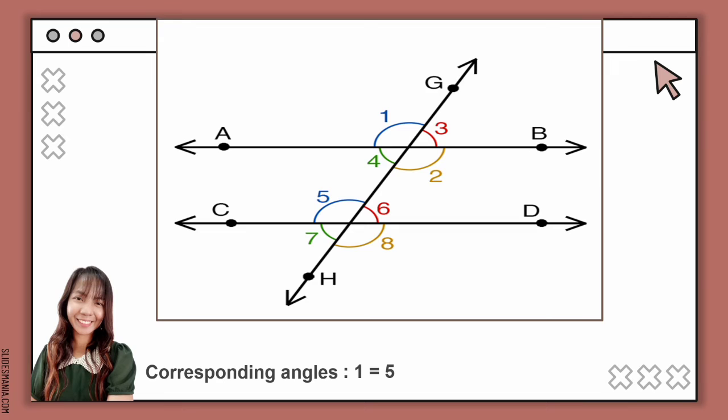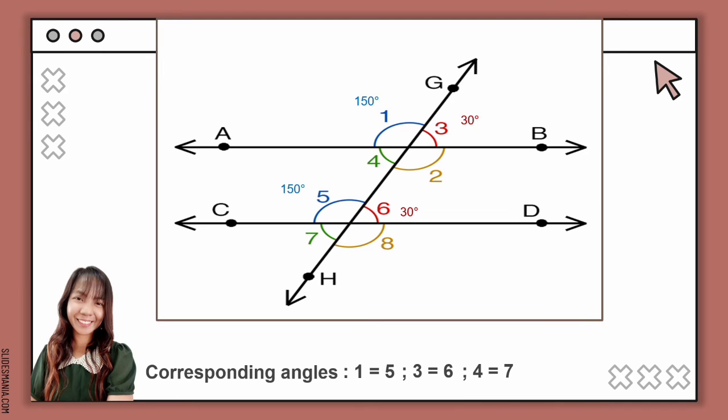So for example, if the measure of angle 1 is 150 degrees, the measure of angle 5 is also 150 degrees. Another, angle 3 and angle 6 are corresponding angles, so meaning they are equal. So if angle 3 example is 30 degrees, so angle 6 is also 30 degrees.